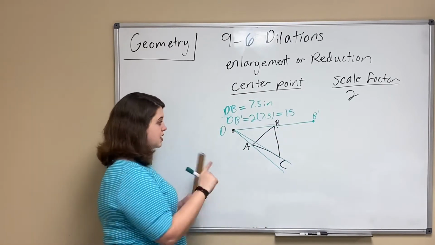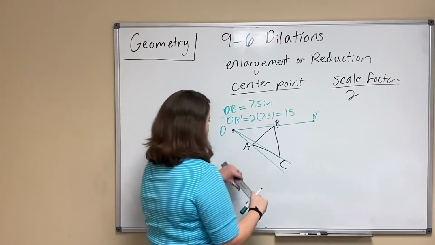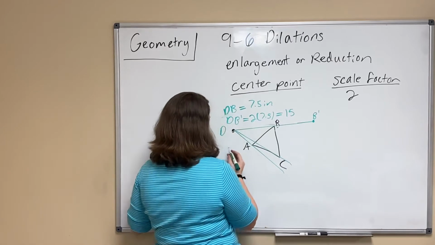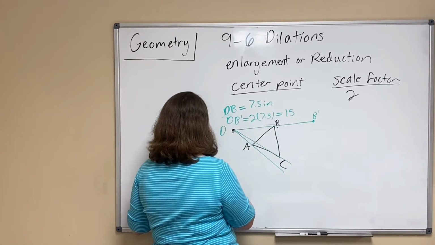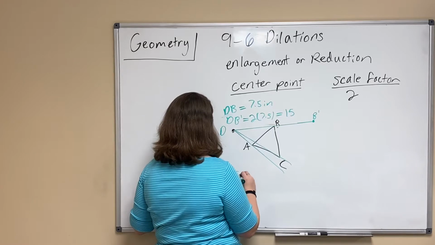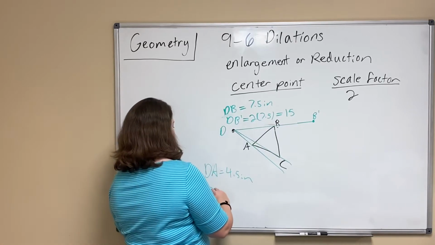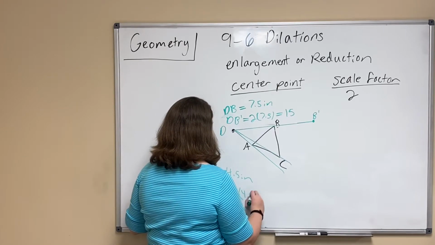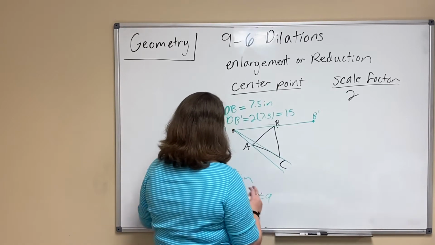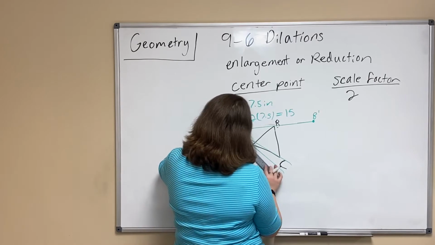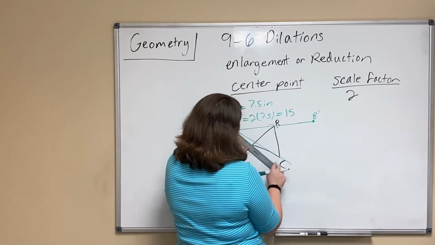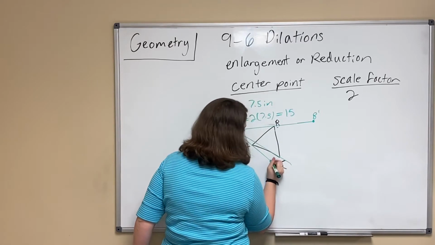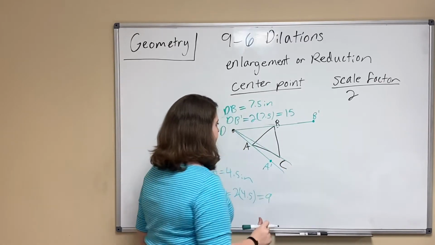I'm going to do the same thing to the other points. My A is 4.5 inches, so DA equals 4.5 inches. So D to A prime will equal 2 times 4.5, which is 9. So I'm going to measure on the same line to 9, and that is where my A prime will be.